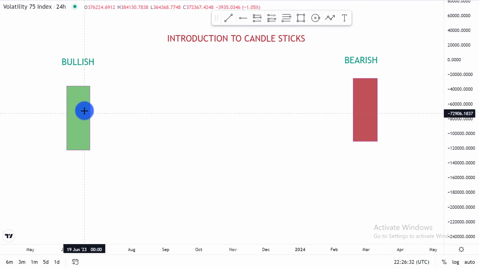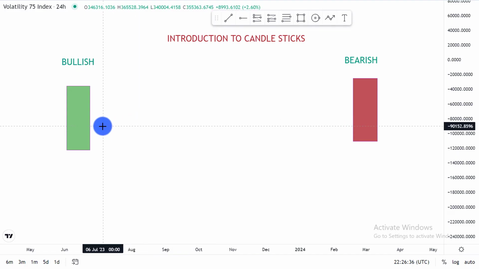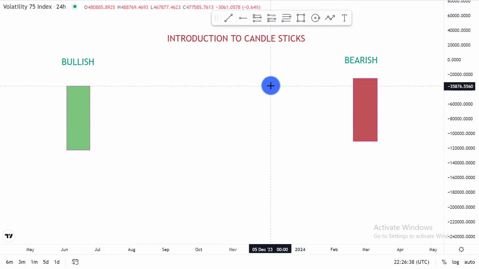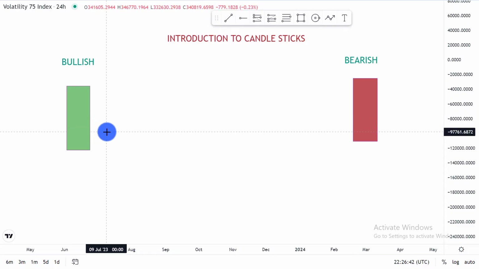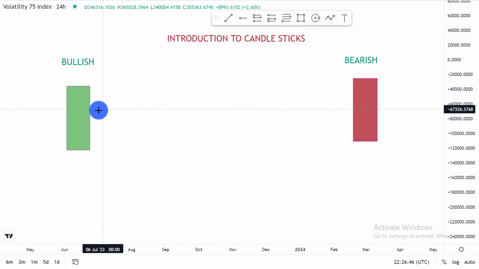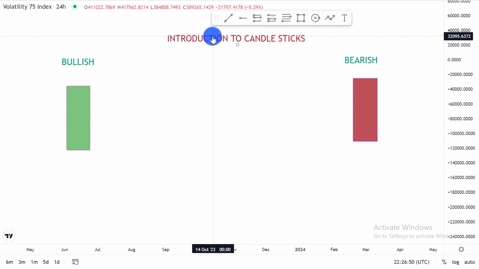A candlestick has an anatomy. It's made up of a high, a low, a body, and something we call wicks or shadow. I'm talking about the anatomy of the candle. A candle has a high and a low, whether it's bearish or bullish.